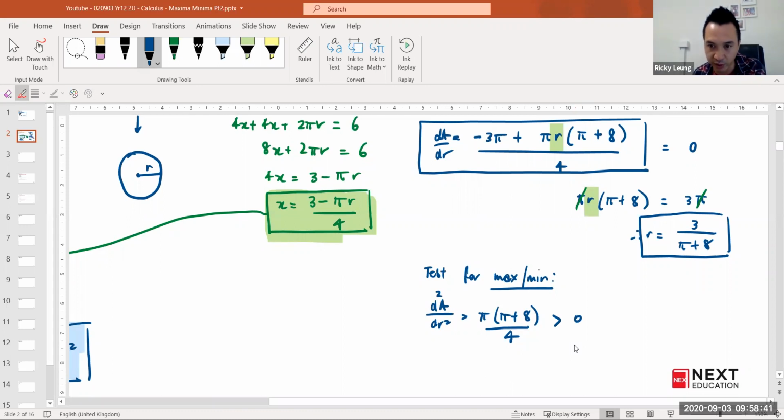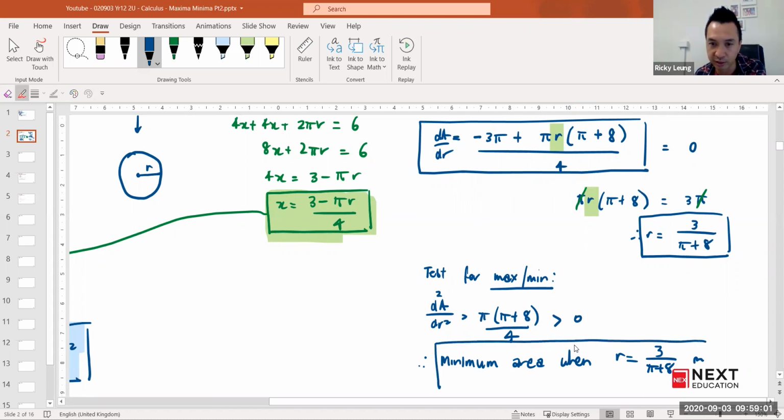It's always greater than 0. Therefore, minimum area when r equals 3 on pi plus 8. Sweet. And centimeters, is it? Meters. Which is my final answer.